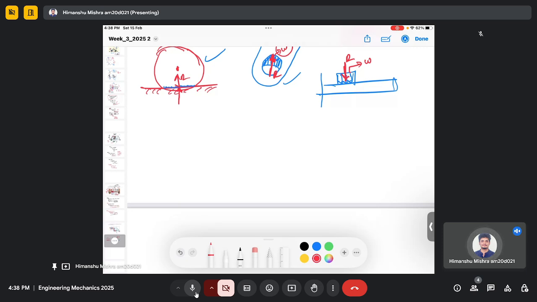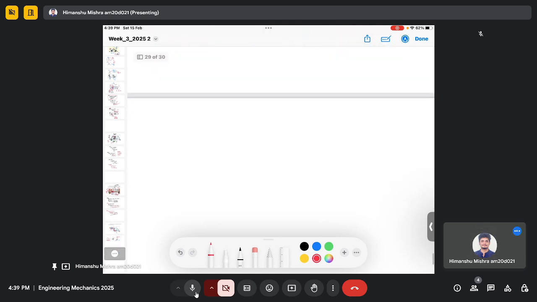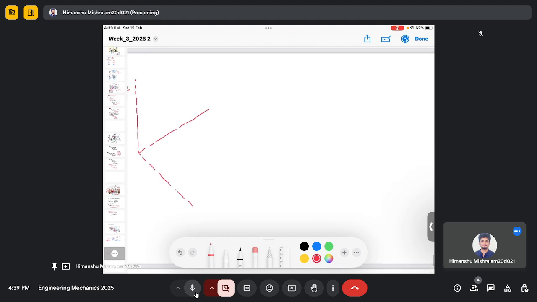The center of gravity is basically the location of the weight which is concentrated on the body. The position of that concentrated weight will give you the position of the center of gravity. Let's say you have an arbitrary body. Let's say this is the z axis, this is y, this is x.